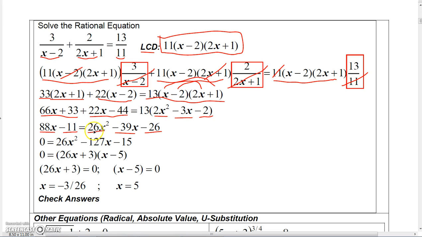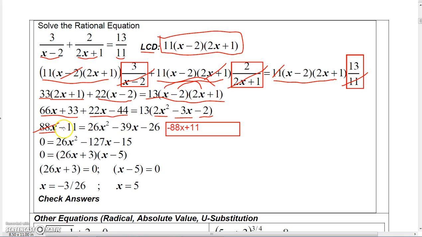Now you may be wondering, okay, how did I get to the next step? Well, let me show you. What I did is I knew I needed to get rid of this 88x, so if I subtract 88x from both sides, I have minus 88x over there, and then it'll cancel over here.